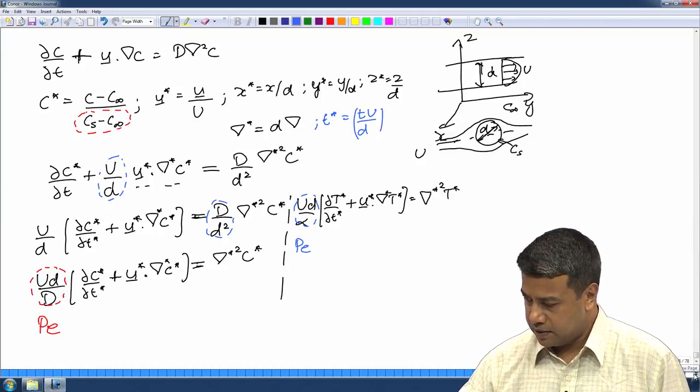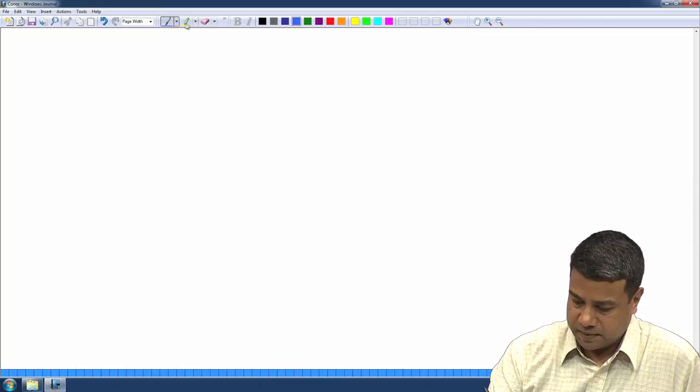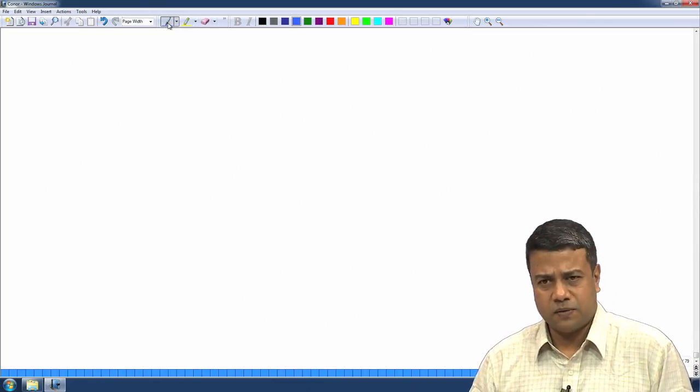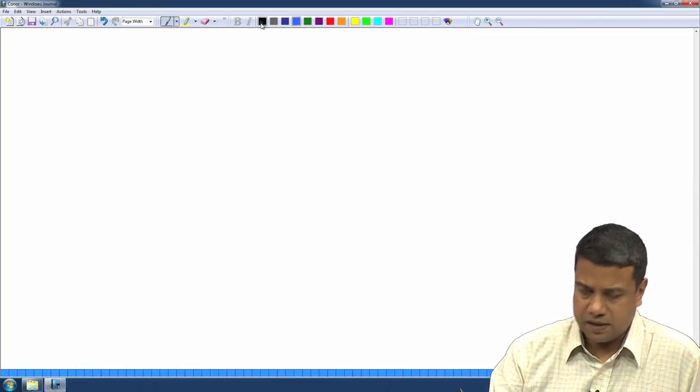If I were to do that for momentum transfer, the equation is slightly more complicated, but you can scale it nevertheless.